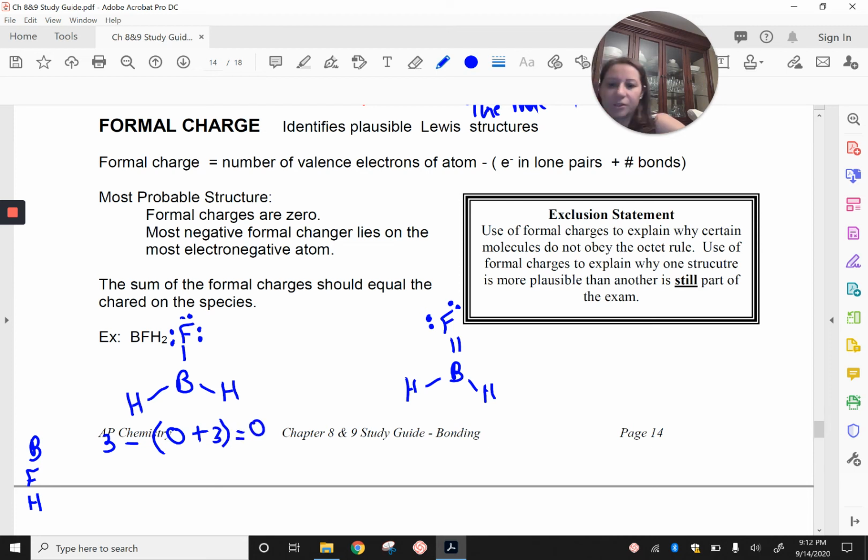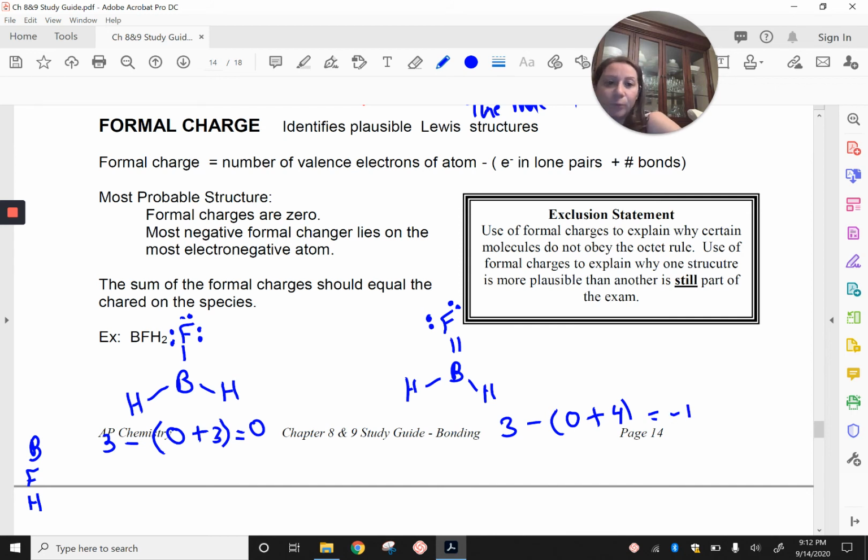And so that equals 0. Let's do the boron for the second structure. I have 3 valence electrons minus, and I don't have any lone pairs, so 0, plus the number of bonds, so 1, 2, 3, 4. And so 3 minus 4 is equal to -1.